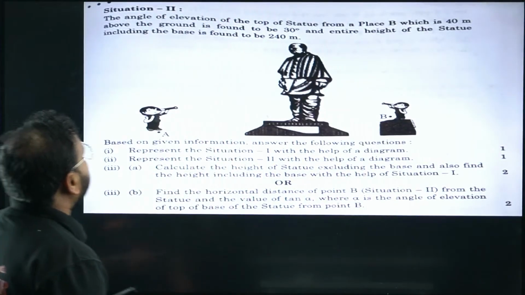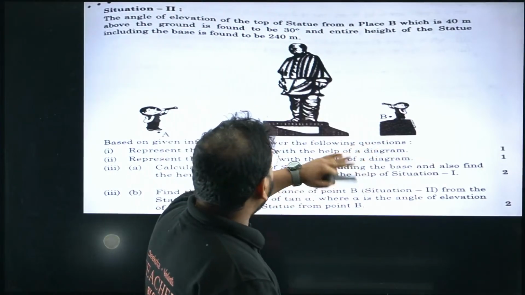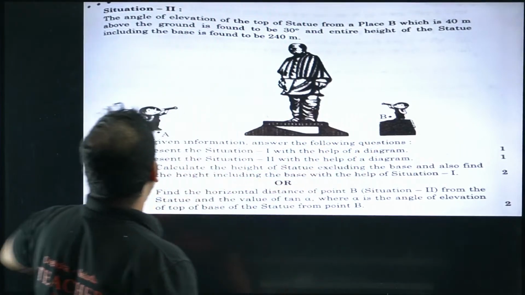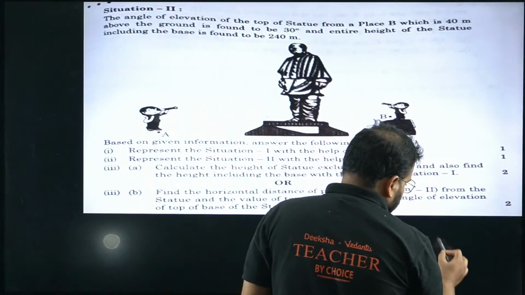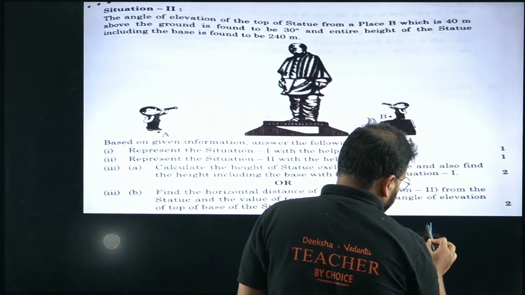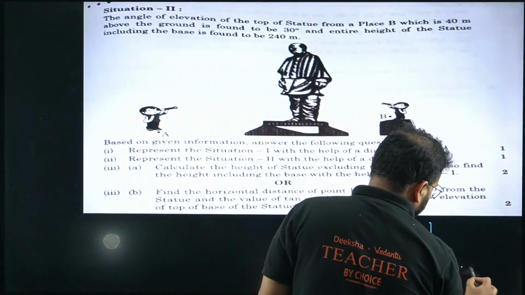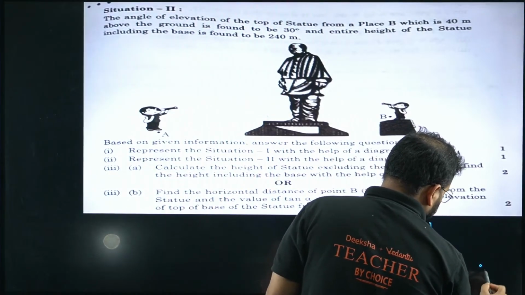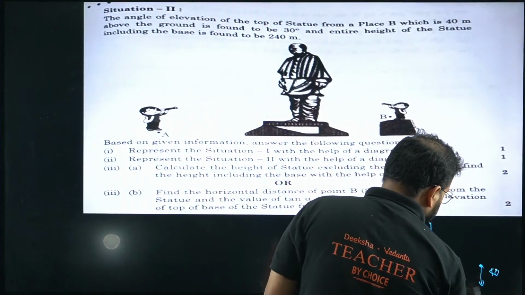Situation number 2: angle of elevation of the top of the statue from a place B, which is 40 meters height above the ground. So it means the statue is like this, 58 over here, and this is the height. The B point is somewhere over here. Please check. The height from the ground is 40.